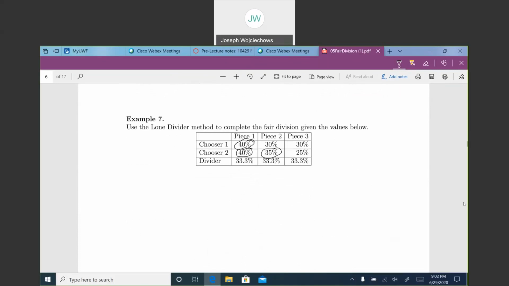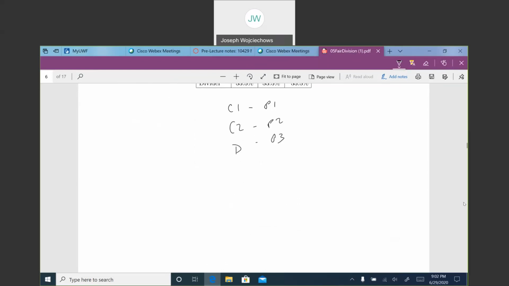So what happens here is chooser 1 takes piece 1, because chooser 2 has piece 2 there, and that leaves the divider to get piece 3. Chooser 2 feels that piece 2 is also a fair share. They'll get piece 2, and chooser 1 will get piece 1, leaving piece 3 for the divider.